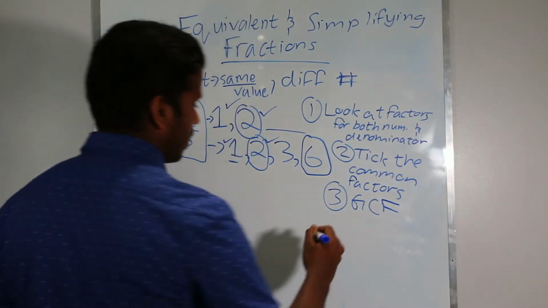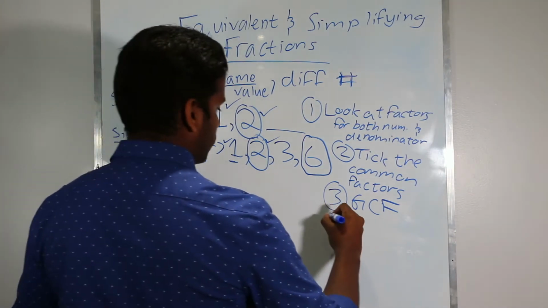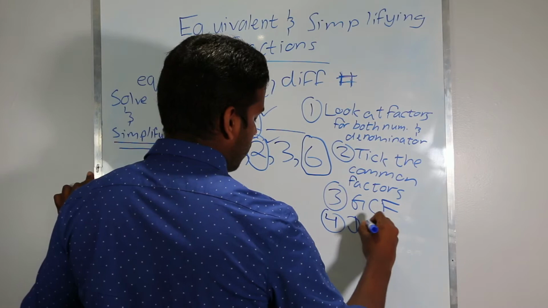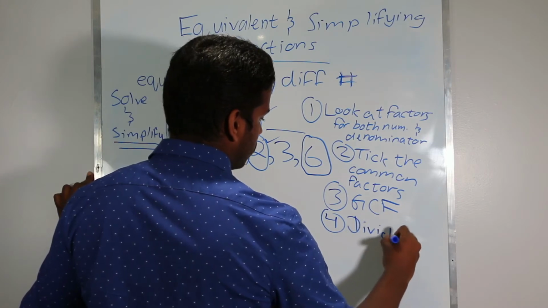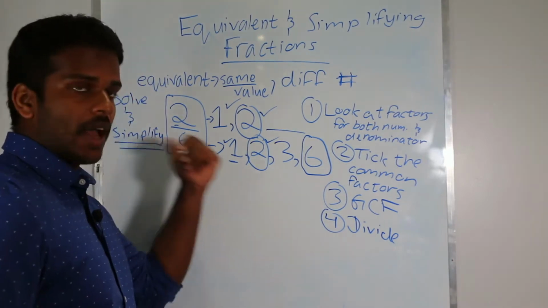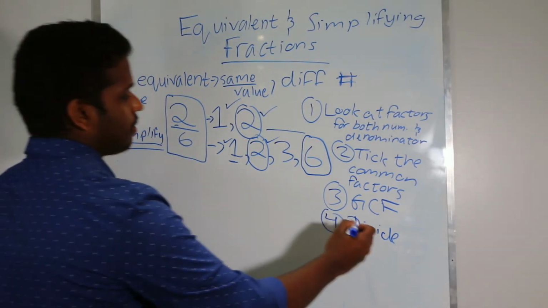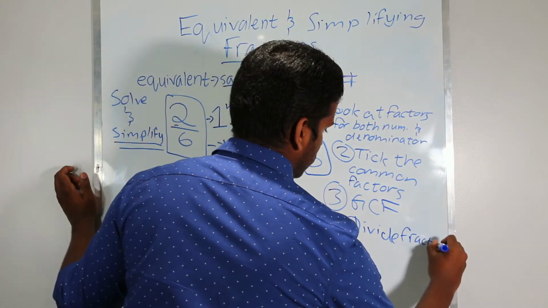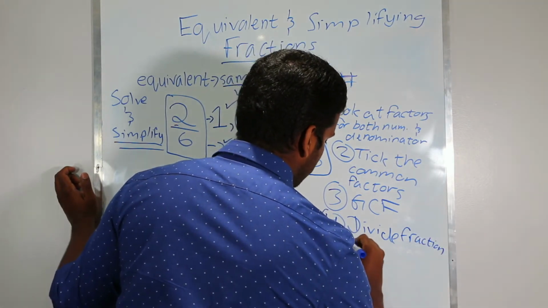But we're not done yet. So now our fourth step. You remember how I said earlier there was a rule where what we did to the top we would have to do to the bottom? That rule comes here. So now we have to divide the fraction top and bottom individually. Remember that?